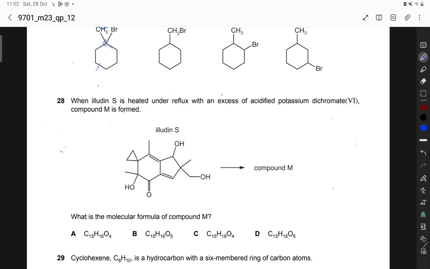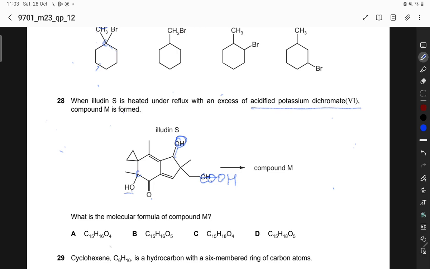This is a tertiary alcohol, so this OH remains, and the double bond cannot react with acidified potassium dichromate. A secondary alcohol gives a ketone, and a primary alcohol gives COOH. Now count the number of oxygen atoms: 1, 2, 3, 4, and 5.